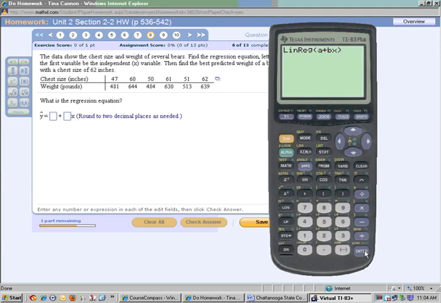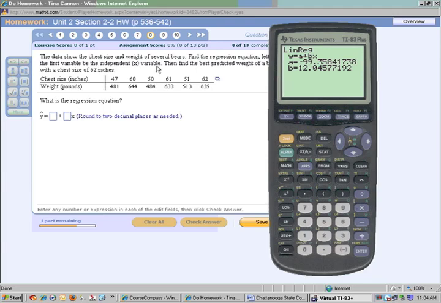Then you have to make sure you push Enter again, and it should give you the linear equation. In this particular problem, notice it says they want us to round to 2 decimal places as needed. So our first value will be negative 99.36, and the next one will be 12.05.